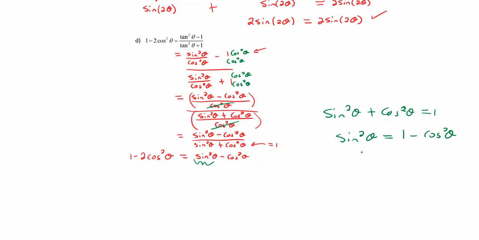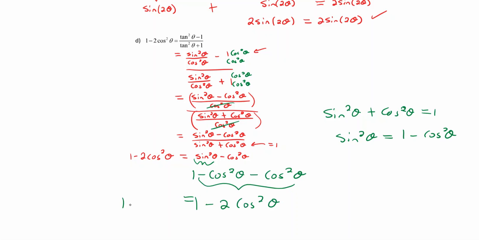So let's replace the sine squared theta with 1 minus cos squared theta, and then minus cos squared theta. And here we see that would end up being 1 minus 2 cos squared theta, which is exactly what we have on the other side, 1 minus 2 cos squared theta. And there you go. Like I said, you could have done that many ways, but that's one way.